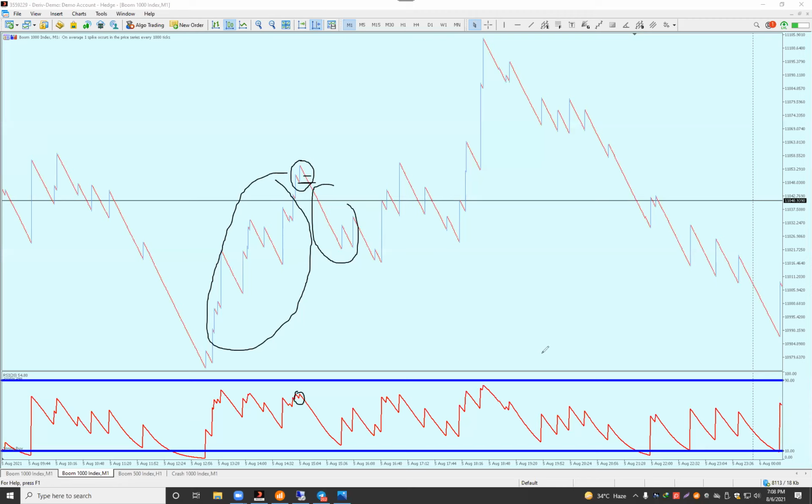Okay, so at this point, when I give you the confirmation of the entry and confirmation of the exit, if you get spike catcher signals in this area, easily you can take them.